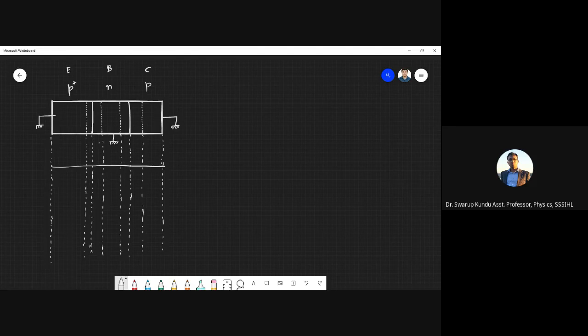So for P side, it is our acceptor, right? So they will become negative ions. And for N side, they are basically donor ions, right? So they will be positive. Okay. And this is this area, right?